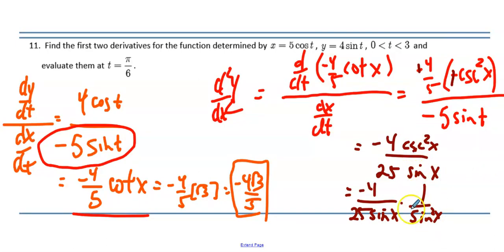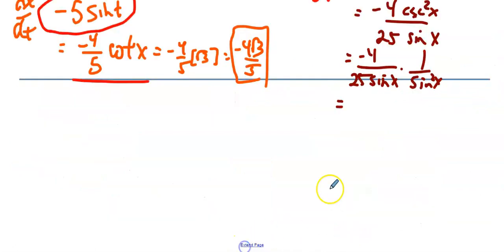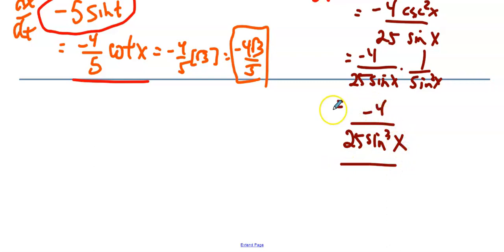And so again, if you're not comfortable with plugging in pi over 6 for the cosecant squared, then you can just do it this way. So this is the second derivative of our function. It's negative 4 over 25 sine cubed of t. And in this case, we're going to plug in pi over 6.